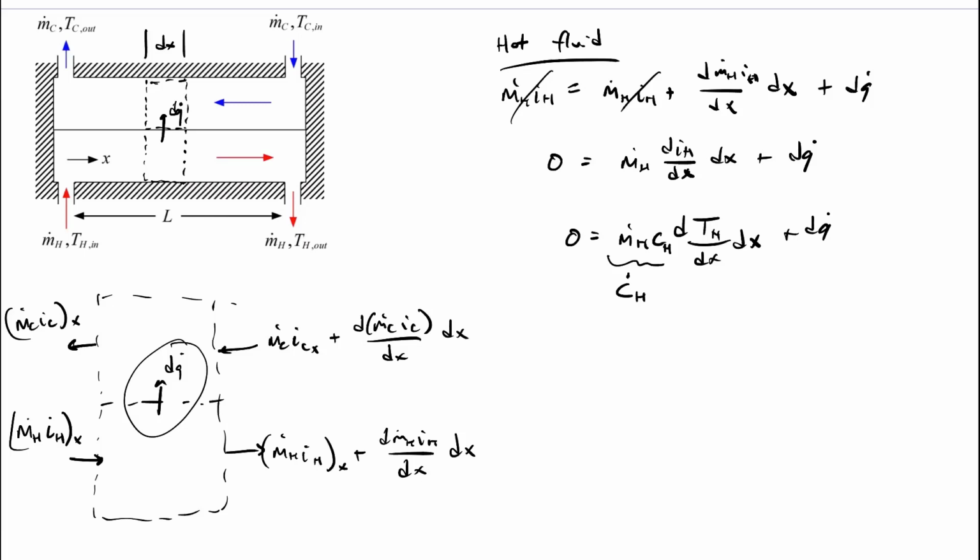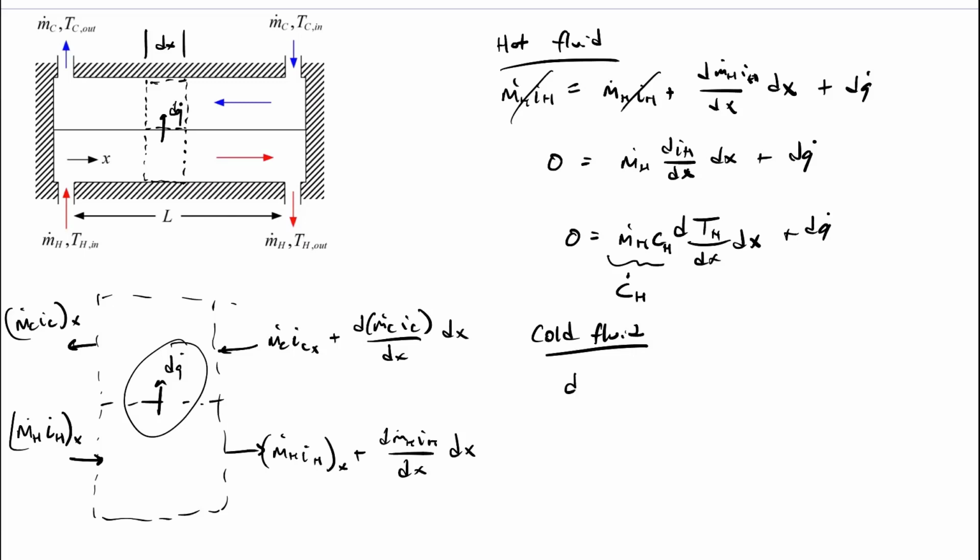We can do the same thing for the cold fluid. It's exactly the same analysis, except the signs are a little different. I won't go through the whole thing because it's tedious, but here is what you end up with.